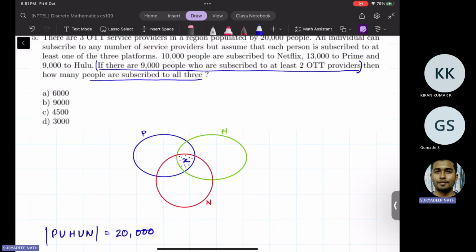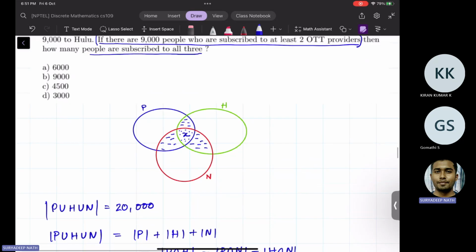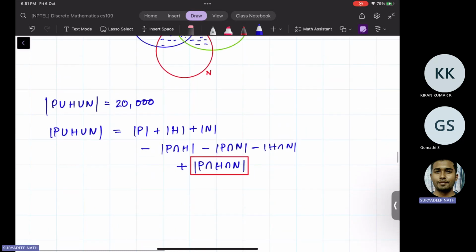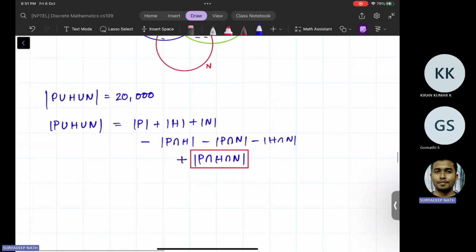So they are saying that people in this region, I'll draw with this dash, this dash plus dot is 9,000. So basically, what is this region? This combination of dash and dot that lies in the intersection. So it is this.